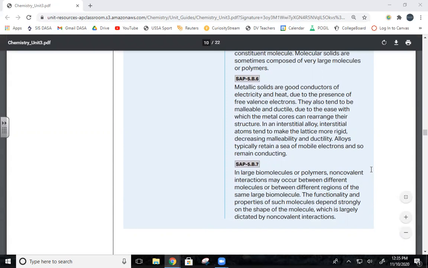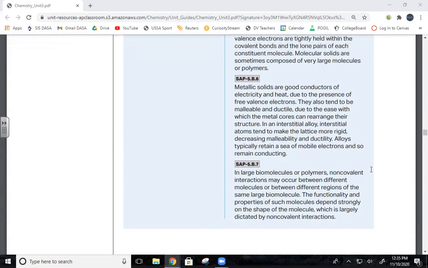Really, I want you to think about proteins. If it ever talks about bioproteins or biopolymers, think about how proteins are folded on themselves and they interact in between the layers. Okay? So imagine a protein is like cheap ramen.